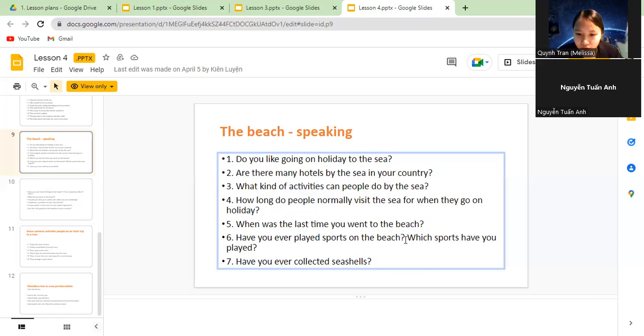Have you ever played sports on the beach? And which sports have you played? To be honest, I have played sport on the beach. It's volleyball, and I'm a newbie, and when I play it on the beach, I can feel the excitement it brings to me, and I can play as well as explore the wonderful landscape around.